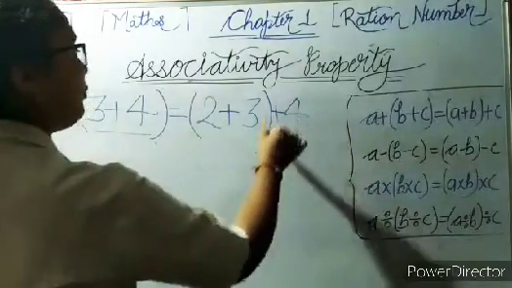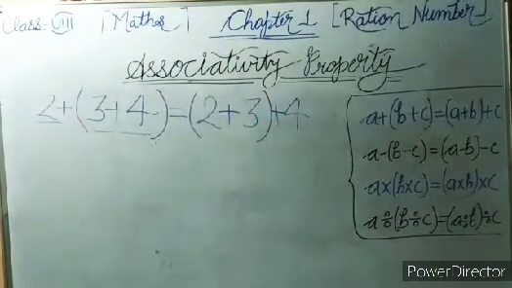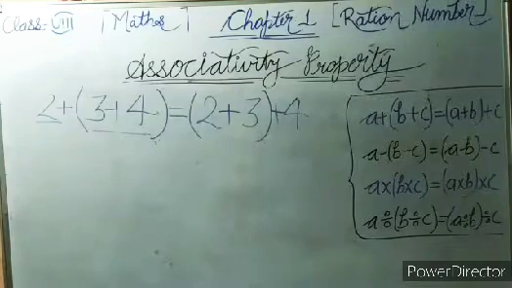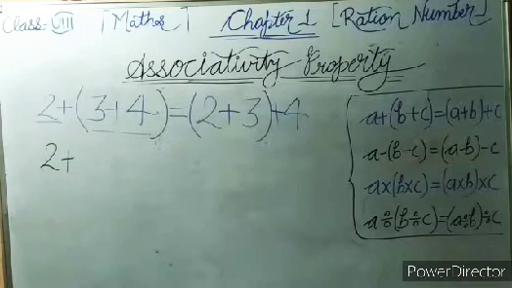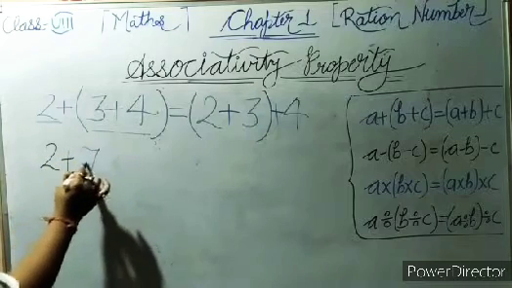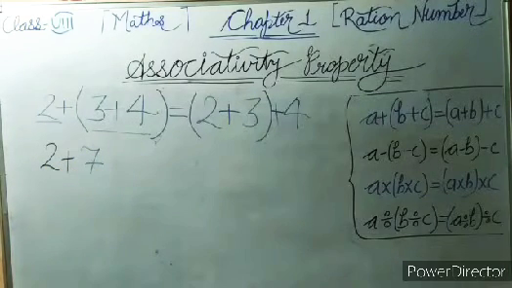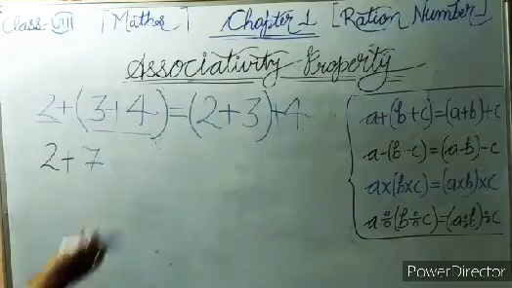Here also we put plus for addition. If we solve this, 2 is our alone number, and 3 plus 4 gives 7. Equal.